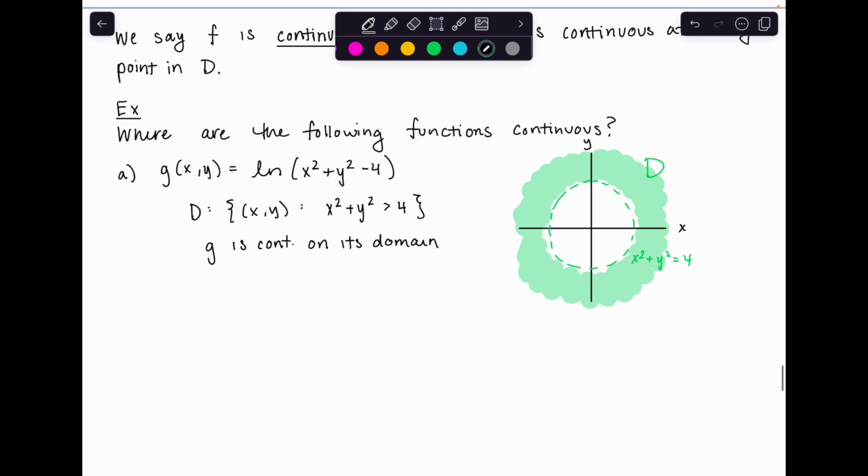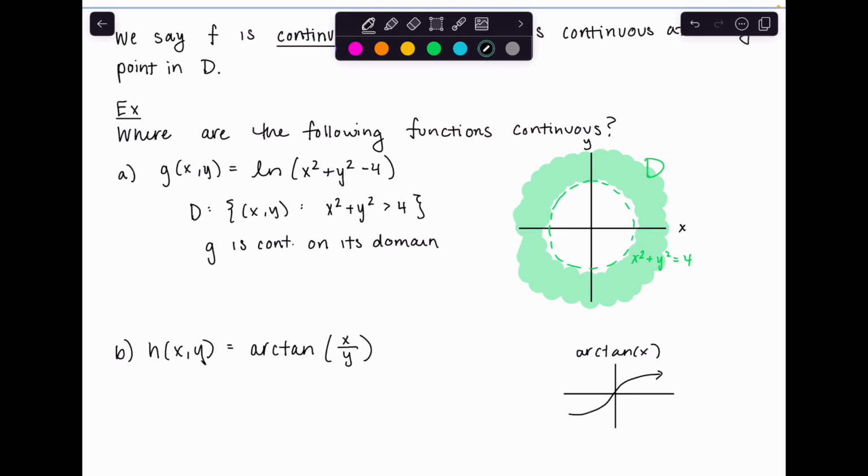All right, moving on to our second and last example. We've got h of xy equaling arctangent of x over y. So if you think about arctangent of x, this is my absolute favorite function. The input for that is all real numbers, and it's bounded between negative pi over 2 and pi over 2.